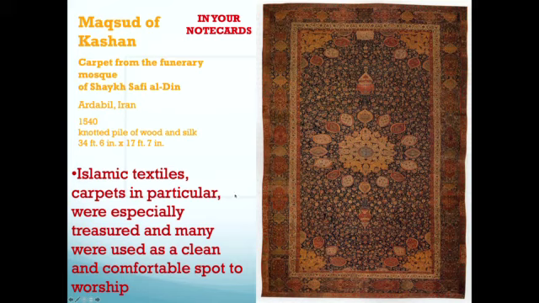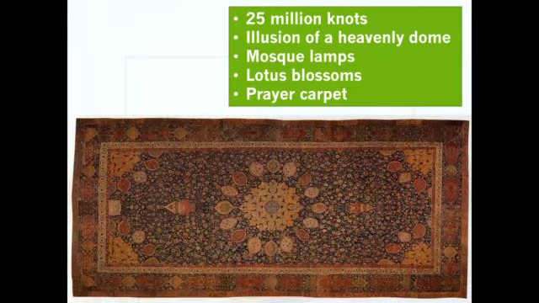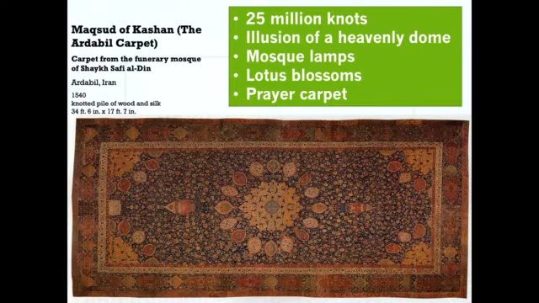And again, we're in about the year 1540, and Ardabil is a city in Iran. So a massive carpet would have been used for a funerary mosque. 25 million knots. So if you're in a room right now that has a carpet, all those little pieces that stick up from the matting that holds the fabric together are all considered knots.